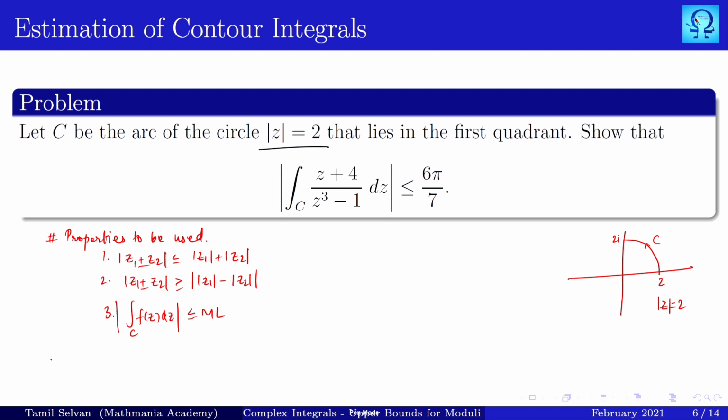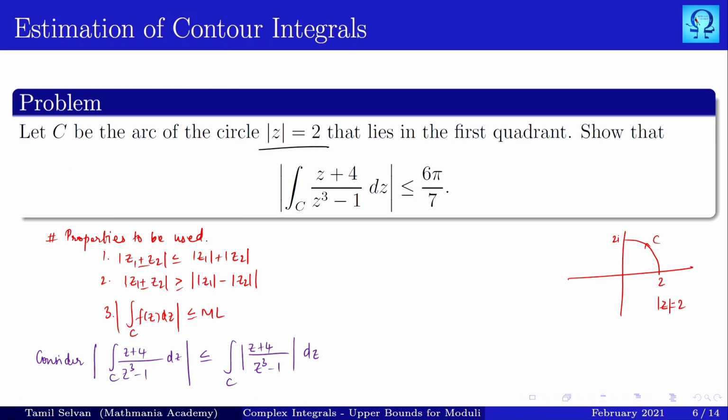Okay, first let us consider the integral over C of absolute of z plus 4 upon z cube minus 1 dz. So by the lemma, we shall write this as the integral over C of absolute of z plus 4 upon z cube minus 1 dz, right?